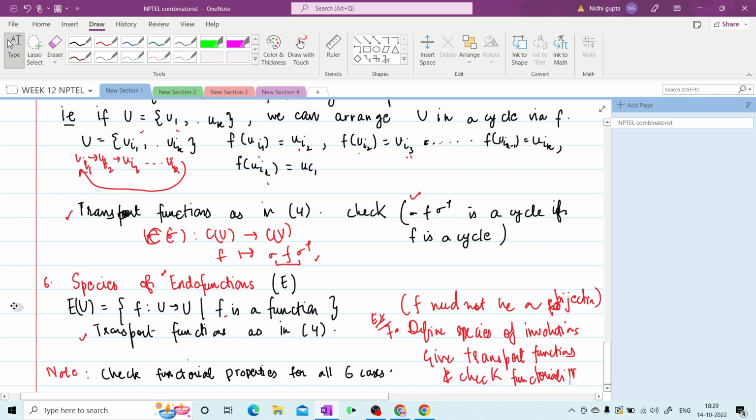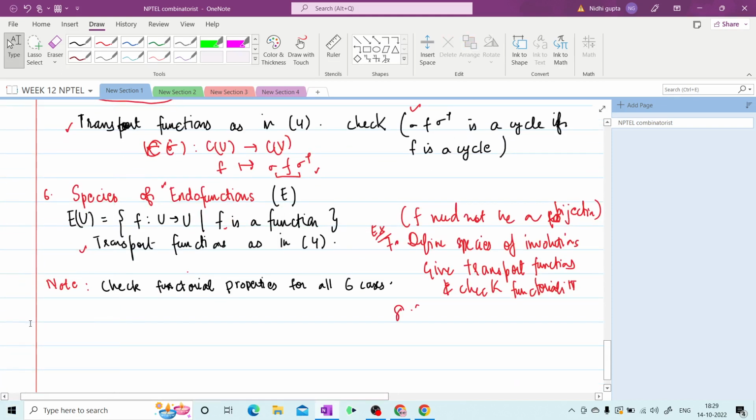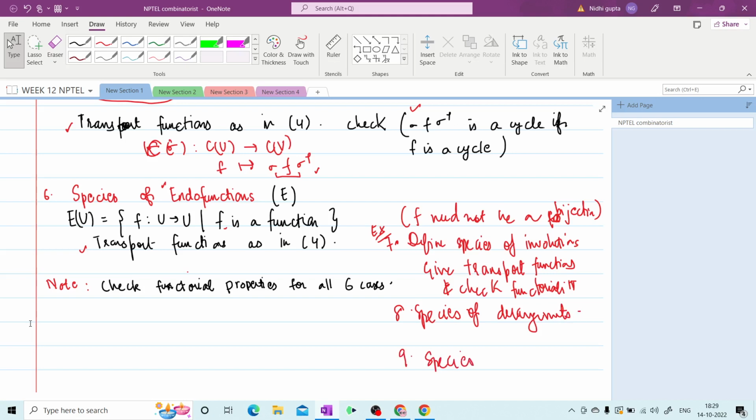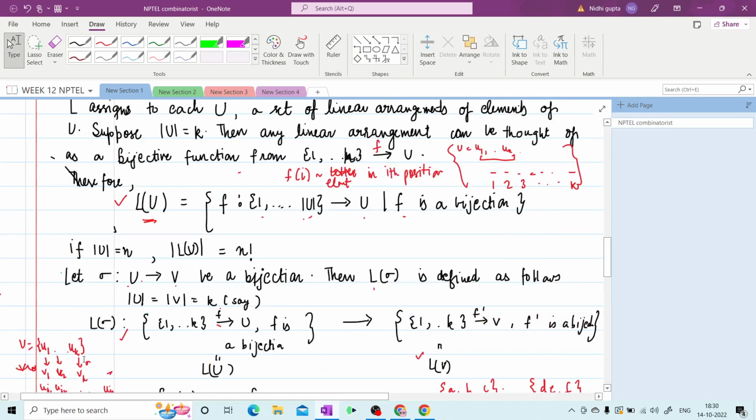Other examples you can try, which are used a lot, are the species of derangements and the species of power set. Try defining first, giving both data, that is, assigning a finite set to each finite set, and secondly a bijection to each bijection, for the species of power set.